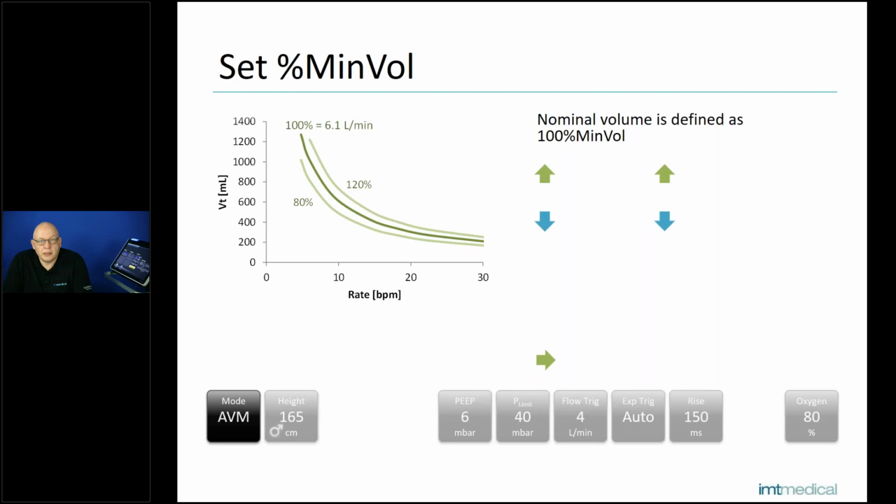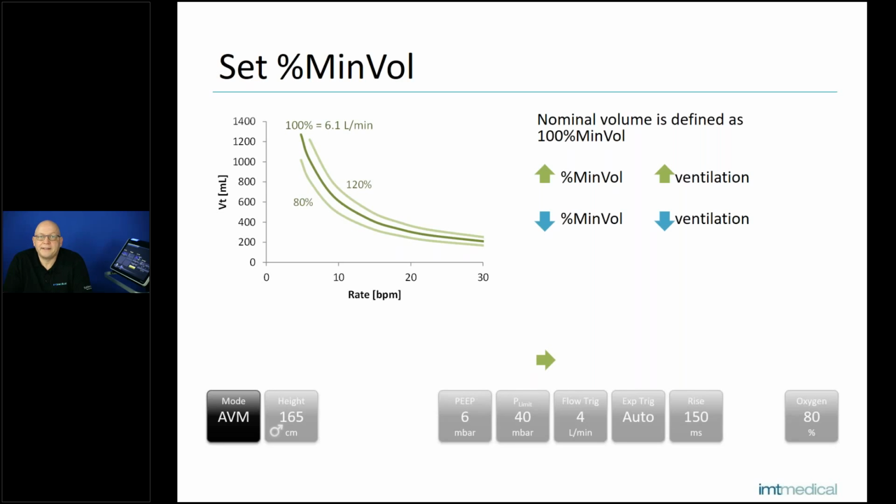I already spoke about this. We have a set percentage of minute volume, and if I want to increase the ventilation because my CO2 is too high, I just set the percentage, or the milliliters per kilogram per minute, up by 10% to 20%. We will talk about this more specifically in the next part.